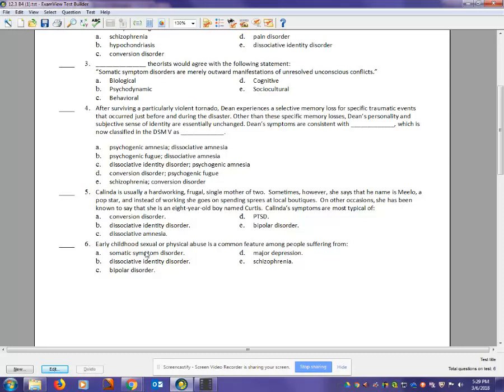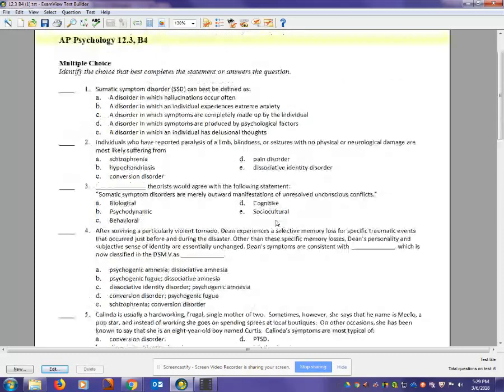All right, lastly, number 6, early childhood sexual or physical abuse is a common feature among people suffering from blank. All right, so some of this is a little tricky. Early childhood sexual or physical abuse could be common with several of these items, but remember, we're only on 12.3 here.